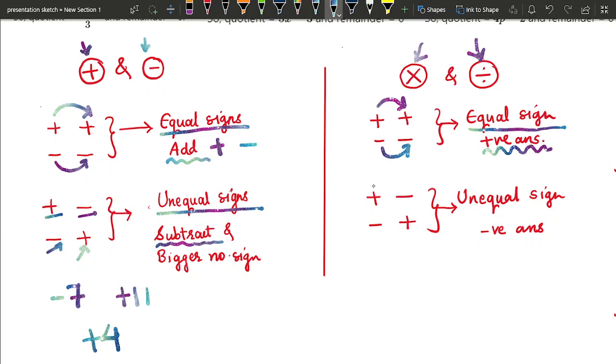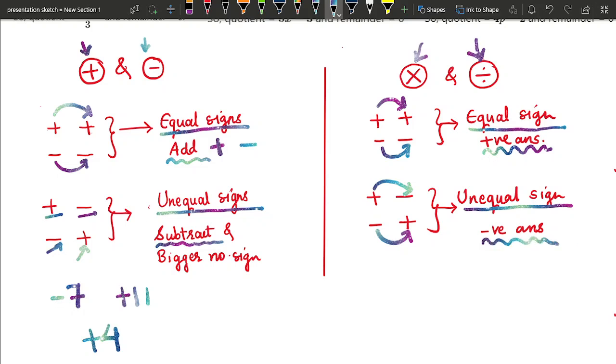And if one sign is plus and the other is minus, or the first number is negative and the second is positive, then the signs are unequal. In such a case, the final answer should be negative at any cost.